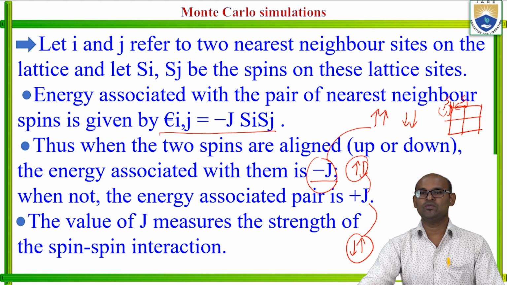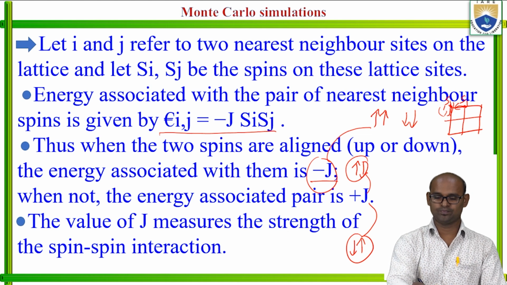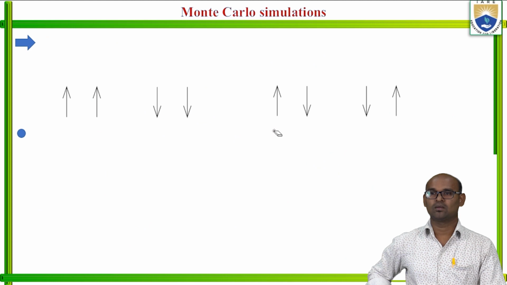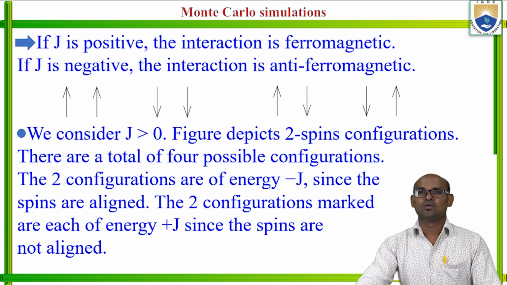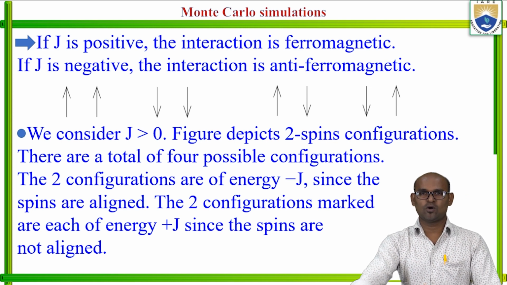So the value of J measures the strength of the interaction between these spins.